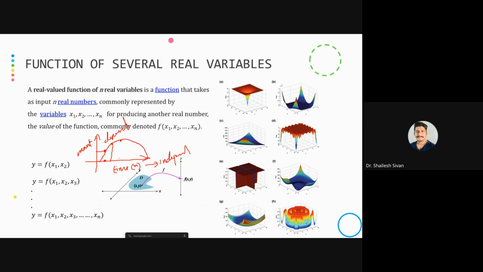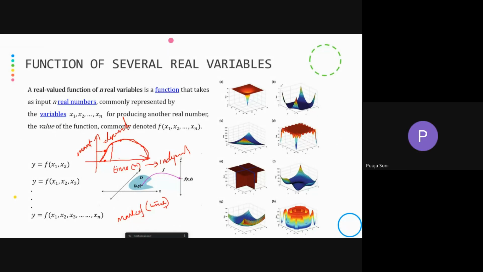As the time increases, the mark increases. At some point the mark becomes stagnant, and even after some time, there is a chance of getting a reduced mark, right? So here the mark is a function of time.